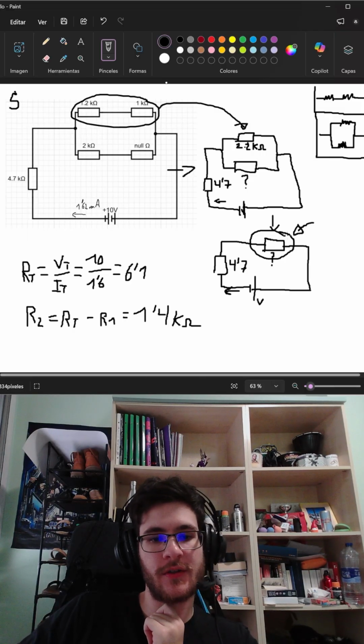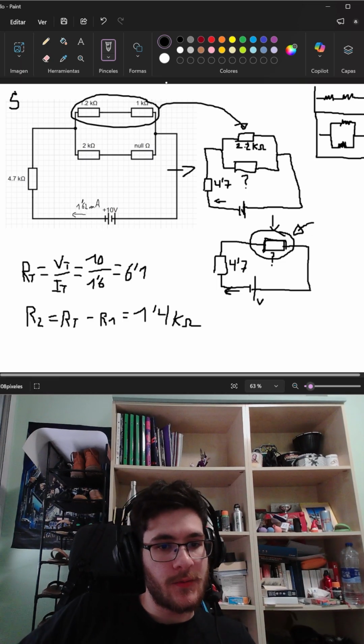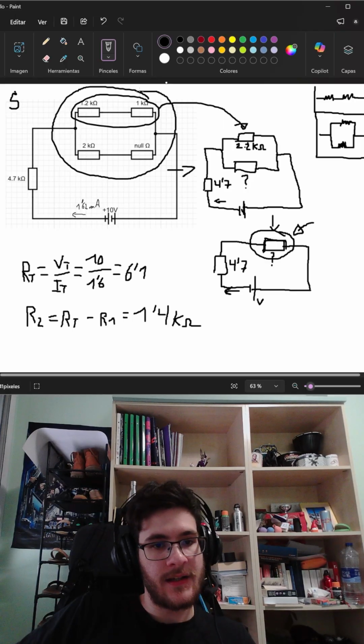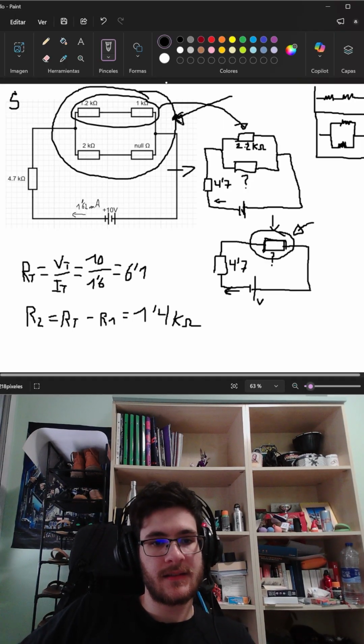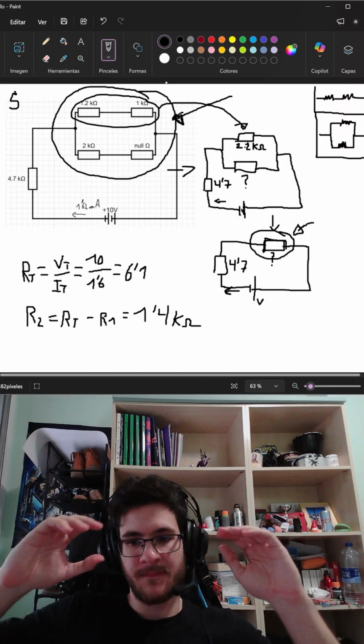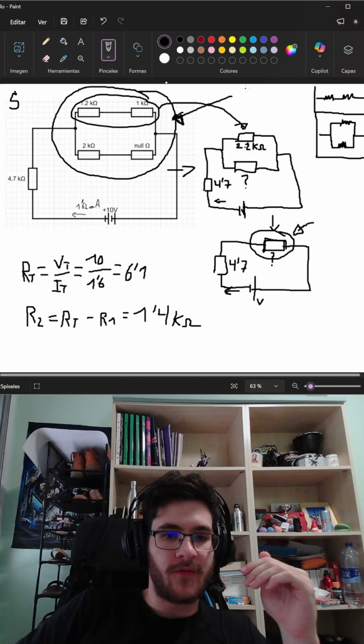So now we know that the equivalent of that whole parallel part will be 1.4.